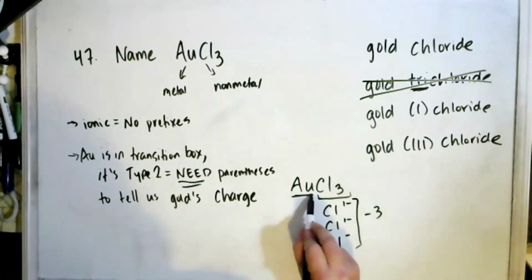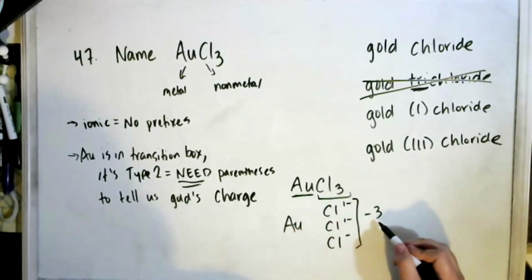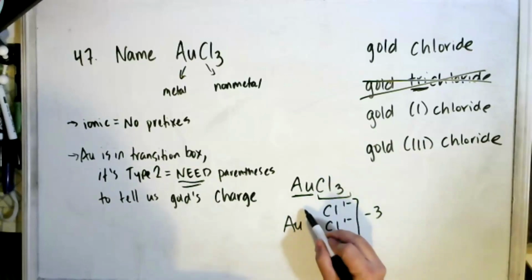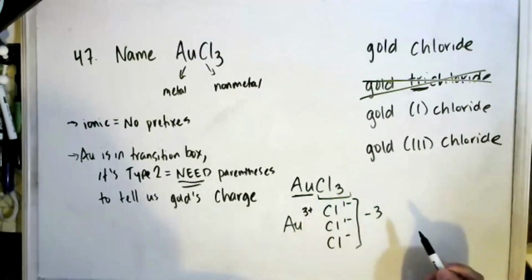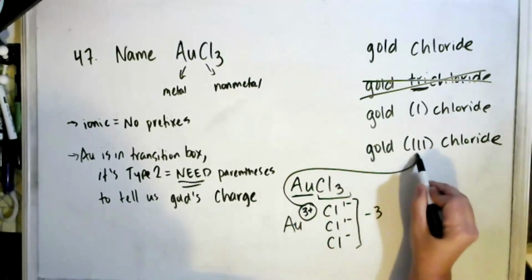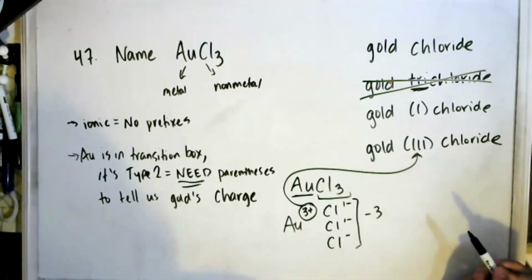We only have 1 gold. And if that gold has to neutralize this -3, that means that gold has to be +3. This 3, that is what has to be represented in those parentheses.